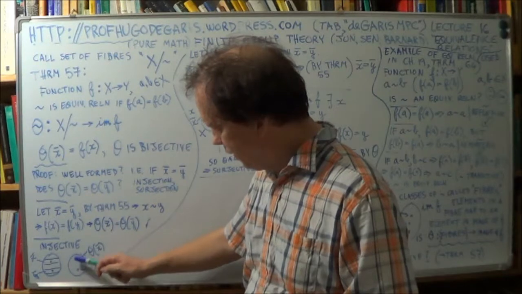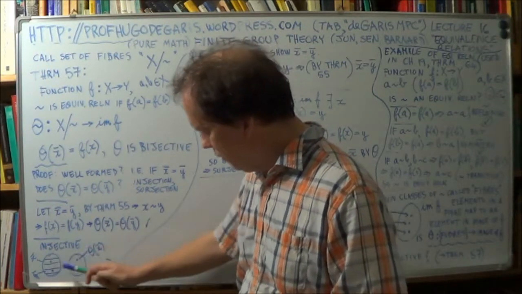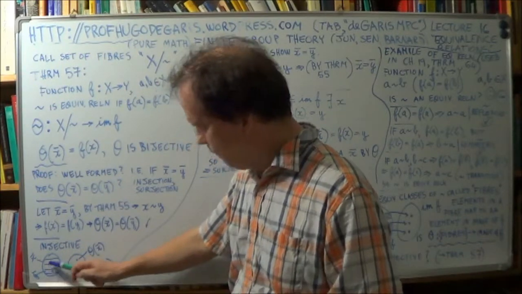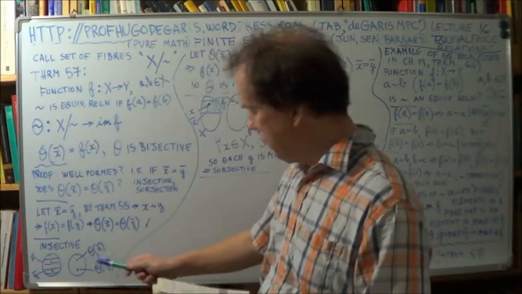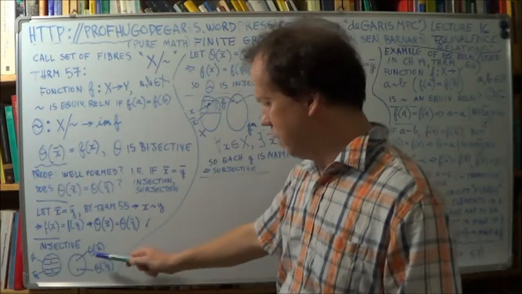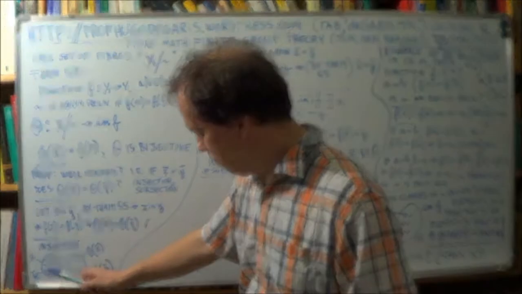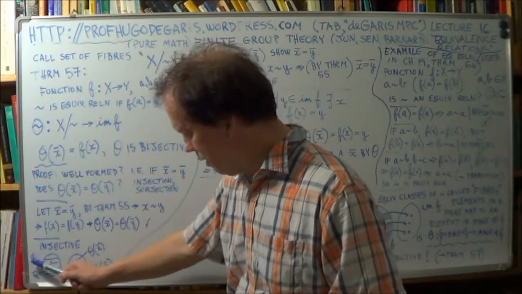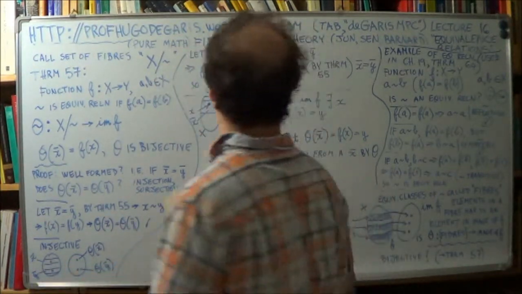If it's injective, then these two will be the same. We've done that many times now. So assume this equals that, and see if we can show that these two equivalence classes are just the same. In other words, x bar equals y bar.